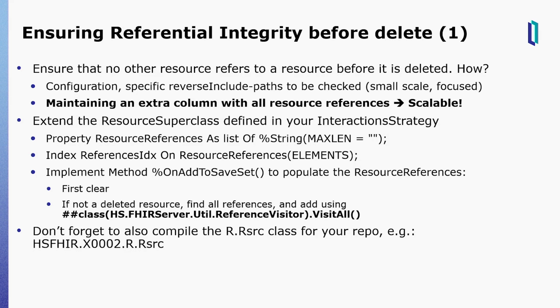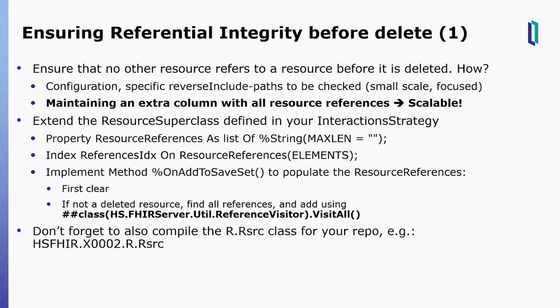But that's not a scalable solution. You can easily misconfigure. You want it to work always without the need for configuration. So that's where I came up with the idea to add an extra column to the resource superclass.